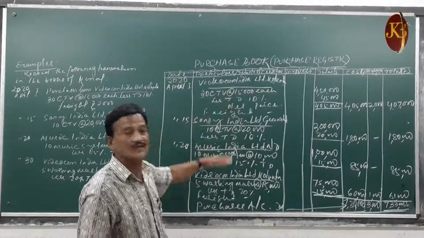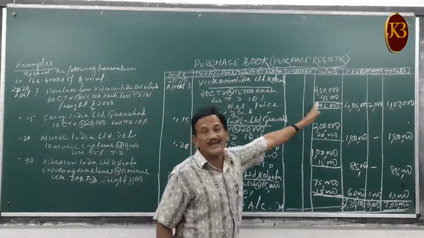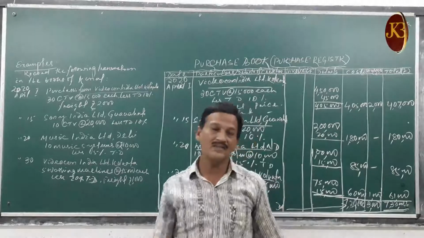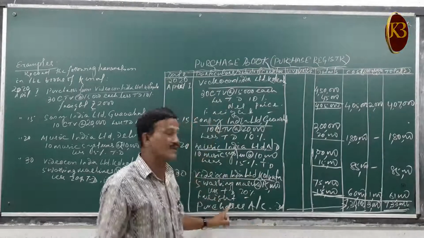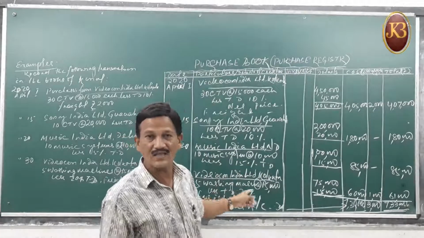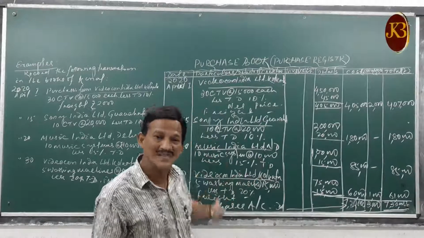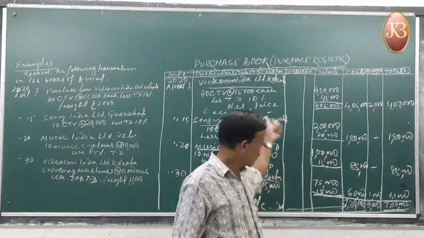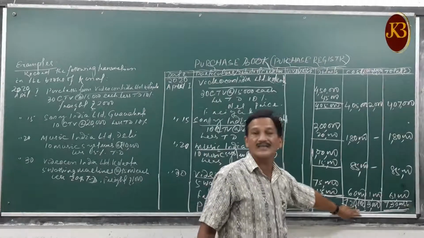These are the creditors, so these creditors are credited. When we post to the ledger account, in the debit side of the purchase account, you will show 'to sundries' with the total 7,30,000.